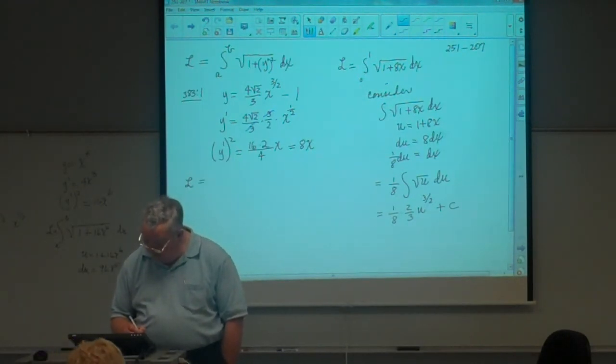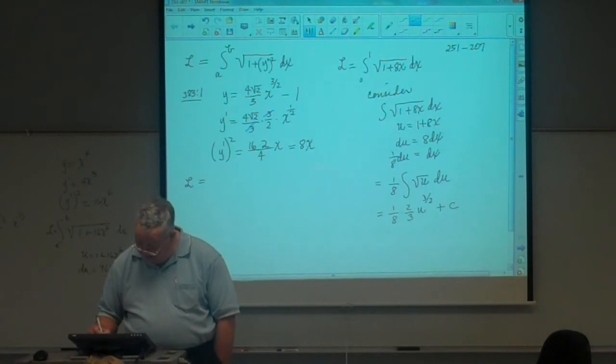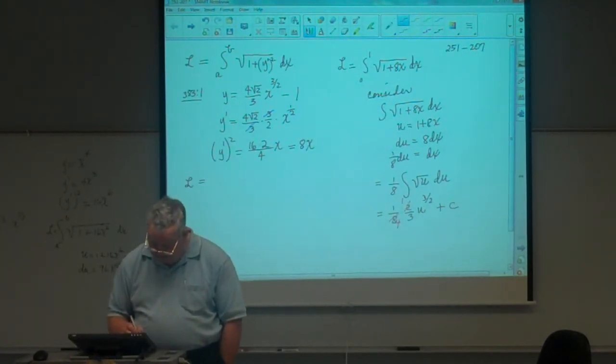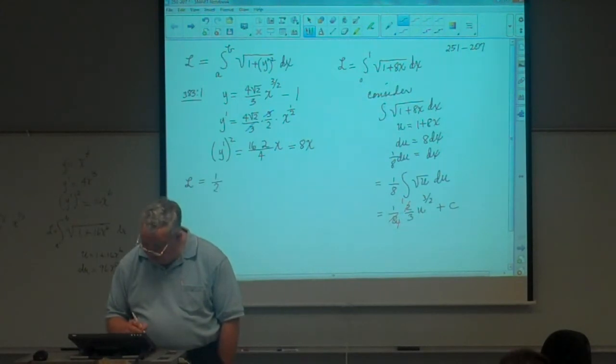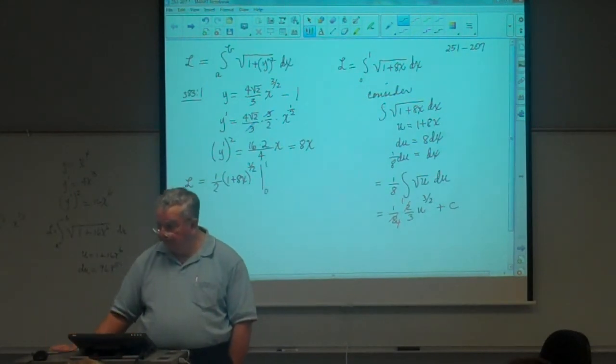L is equal to, let's see, that's a 1 and that's a 4. L is equal to 1/12 times 1 plus 8x to the 3/2, evaluated at 0 and 1.